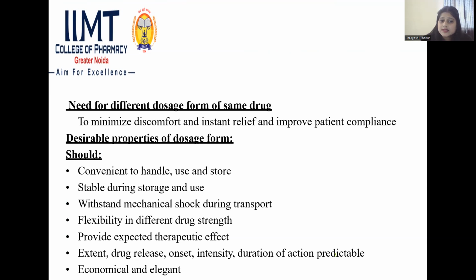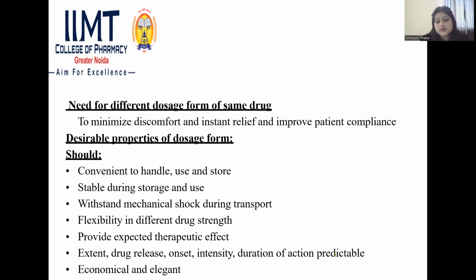There are various desirable properties the dosage form should have. First, it should be convenient to handle, easy to store and easy to use. Second, it should be stable during the storage and use, because there is a chance of breakage, spoilage, etc. during the storage condition. The next one is to withstand mechanical shock during transport.